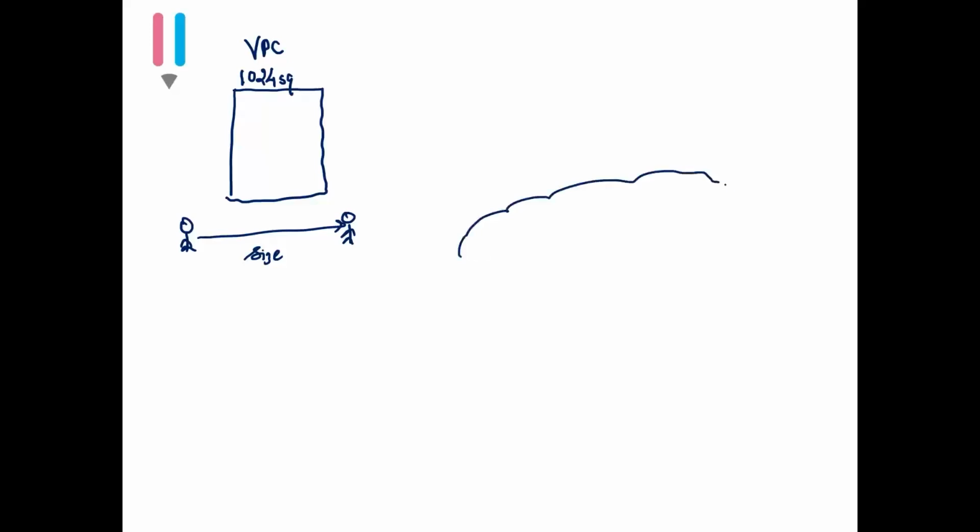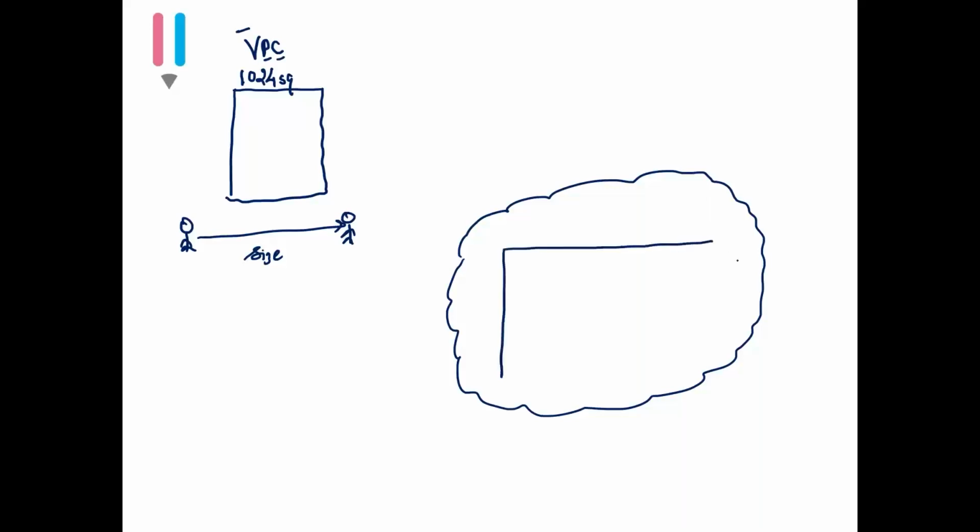Similarly, in exactly the same sense, when you purchase a land in a cloud, that is called a virtual private cloud. When you create an isolated space in a cloud, you have to specify the size. But unfortunately, my friends, this size is not in square feet or meters or anything. This size is in CIDR.